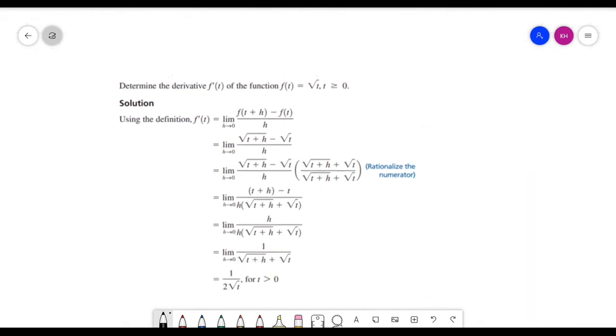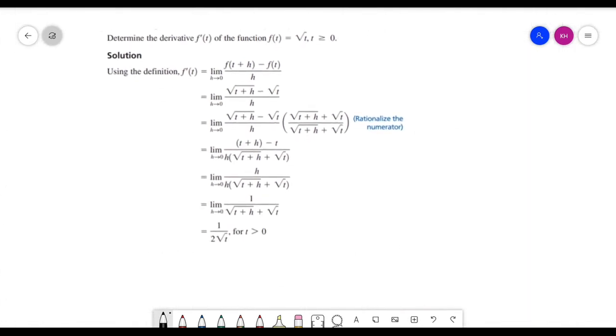I will show you another example, which is already solved actually. So let's take a look at this. I'm going to explain it to you guys. Determine the derivative of the function f of t. So now the independent variable is t, and the function is square root t, where t is greater than or equal to 0. So they asked us to find the derivative of the function f of t. Now note that they have not given us a value for t.